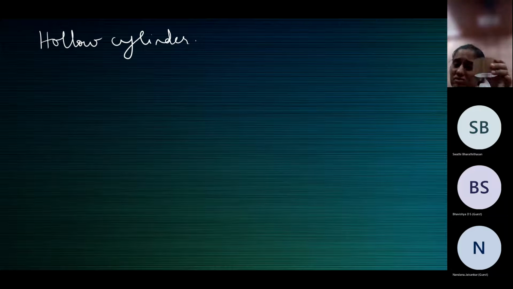But this is also a hollow cylinder where the wall of the cylinder is thick. So now we'll take up both the cases. Case one, where the thickness of the wall is so negligible that it can be ignored.